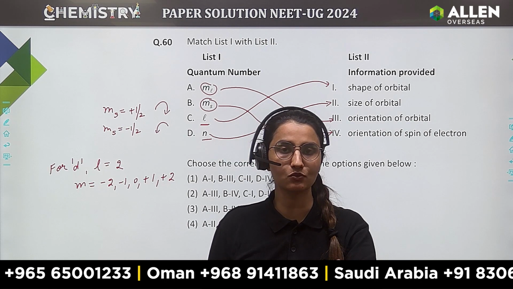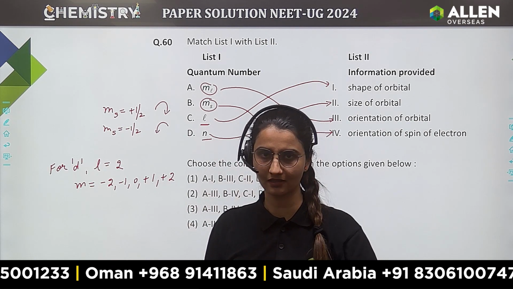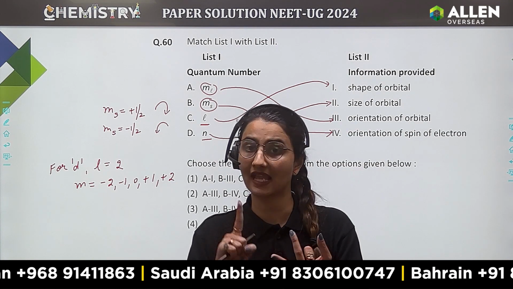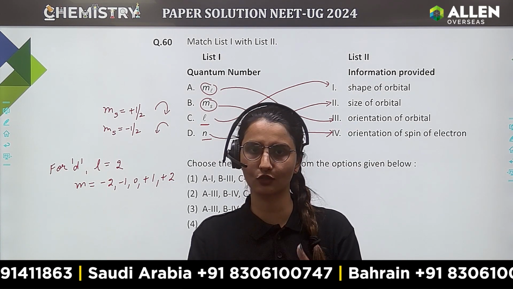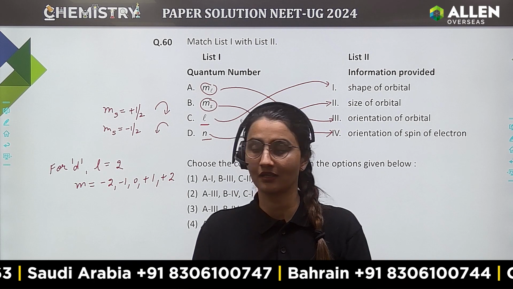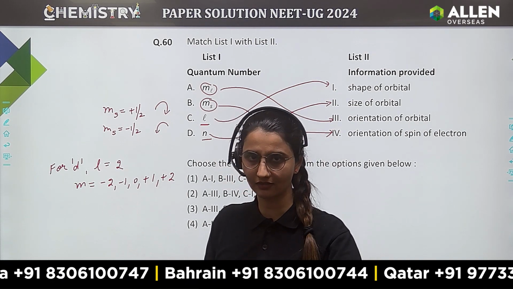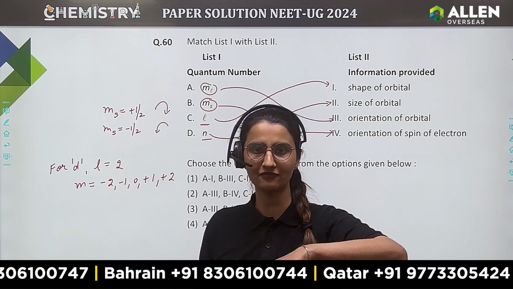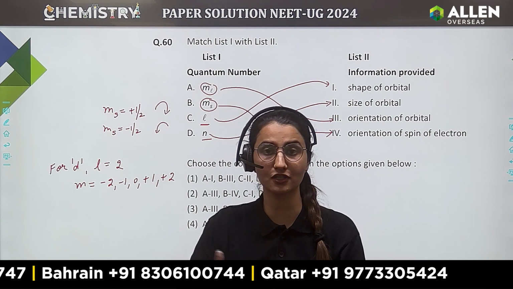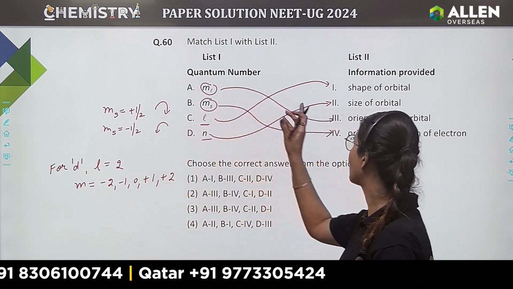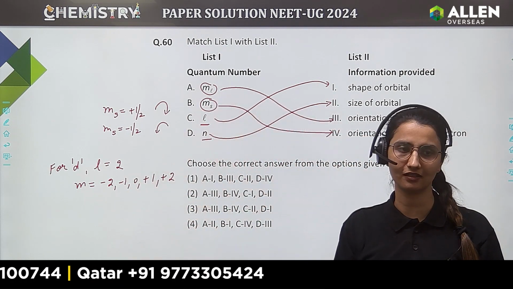And D has 5 orbitals: dxy, dyz, dxz, dx square minus y square and dz square. We generally assign value 0 to dz square. Likewise, all have different shapes, with orientation along different axes. So this ML tells you about the orientation of the orbital.